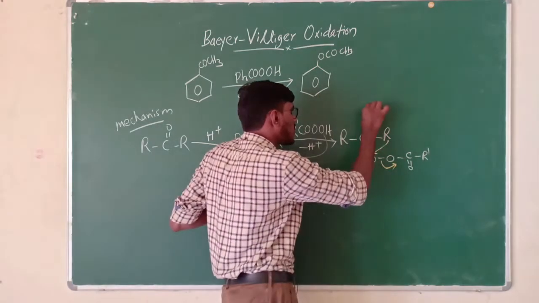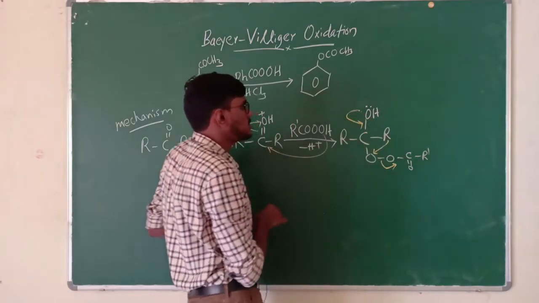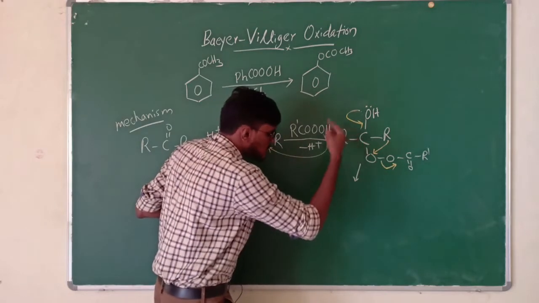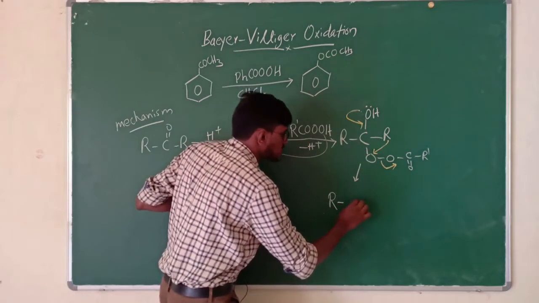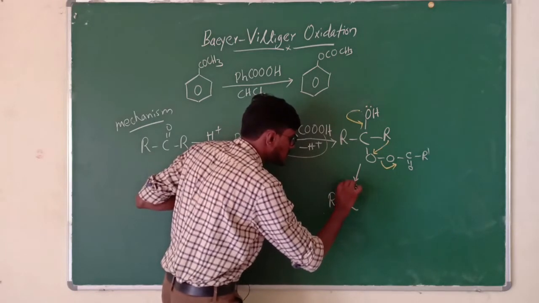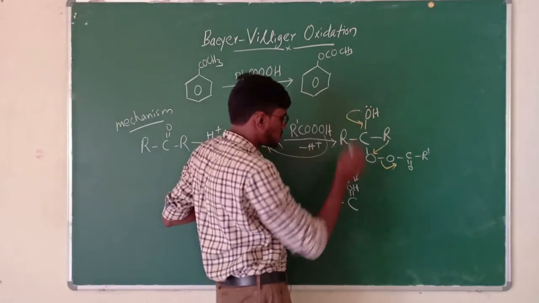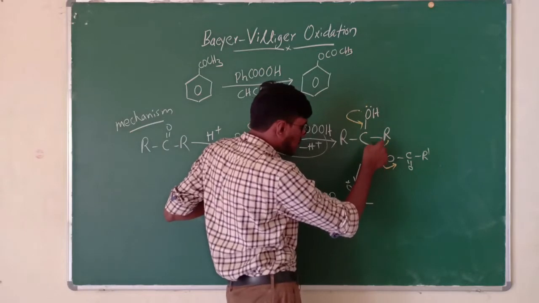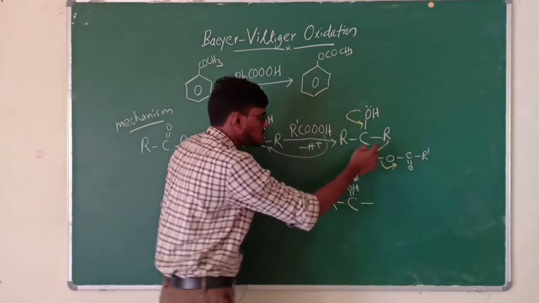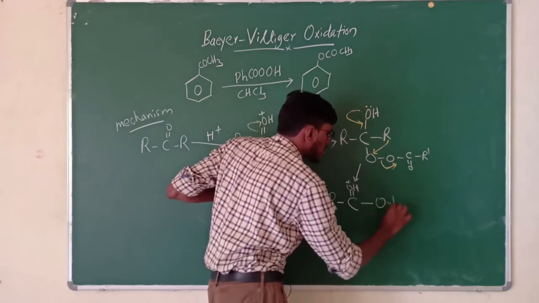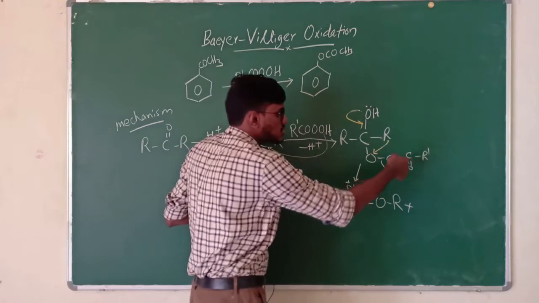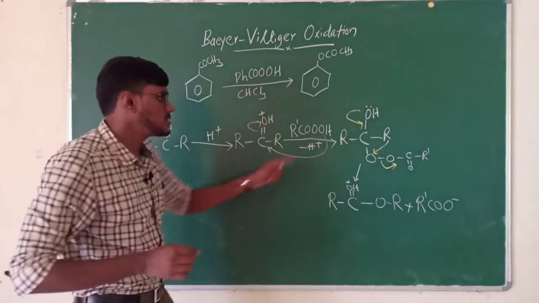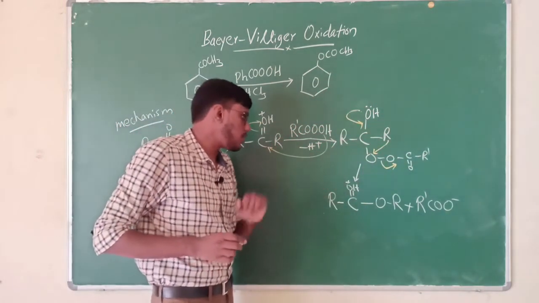At the same time, one of the lone pairs of electrons moves like this, so a double bond comes here with a positive charge, and R migrates onto this oxygen, while R dash COO minus leaves from the tetrahedral intermediate.